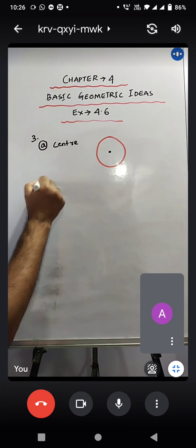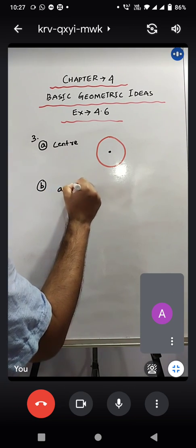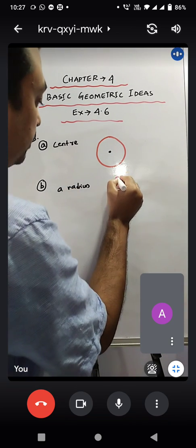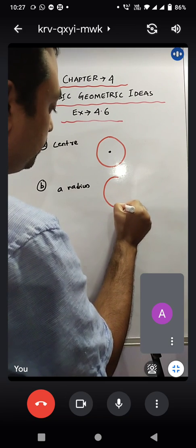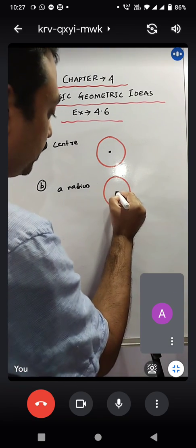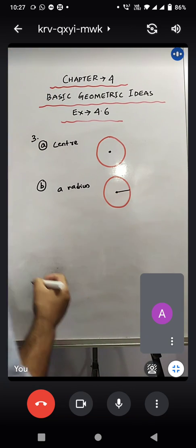Now part B, what do we have to draw? We have to draw a radius. So again we'll draw another small circle and we'll show one radius. It is the distance from the center to the circumference. So this is also a radius.